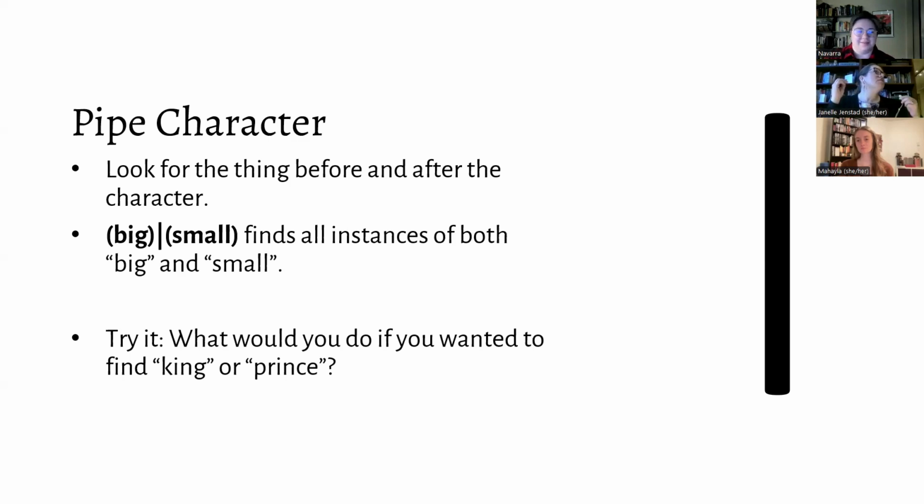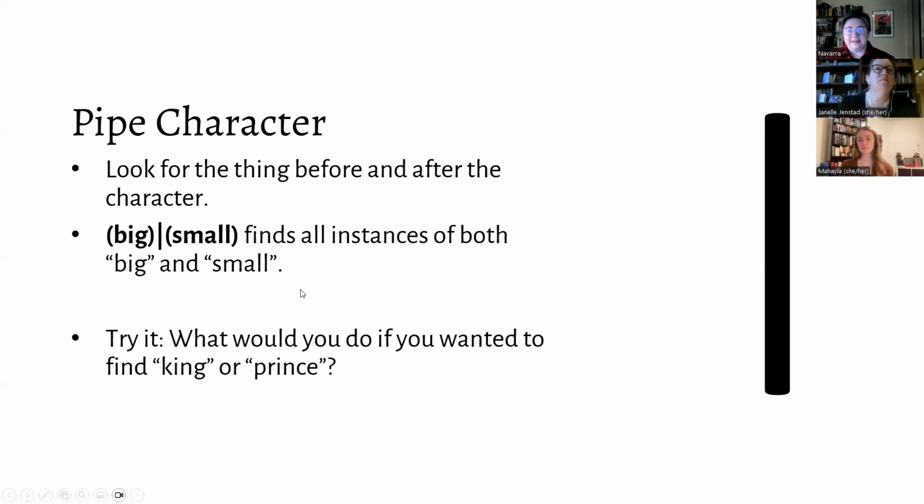We've got to make it really explicit for the computer to understand what's going on here. So we want it to process these characters, BIG for big and SMALL for small, as groups. So we put them into parentheses here. So this parenthesis big, pipe, parenthesis small, will find all instances of big and small.